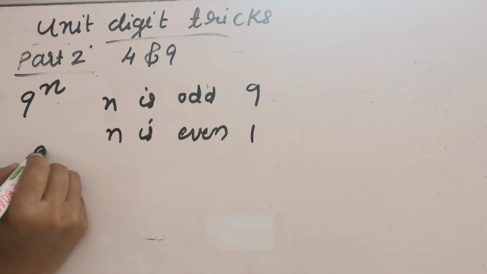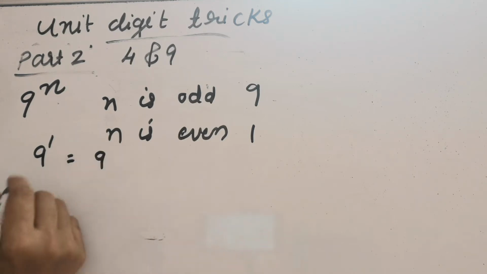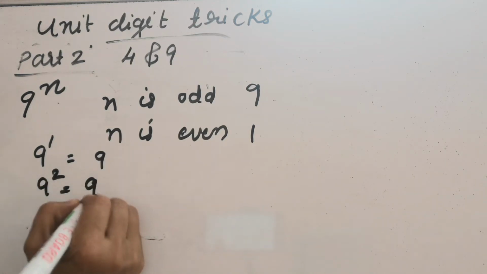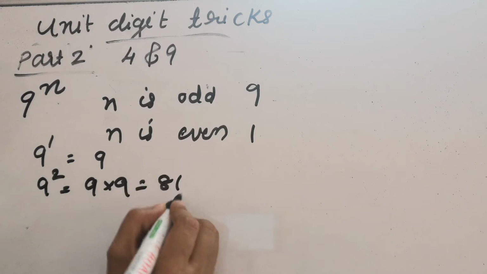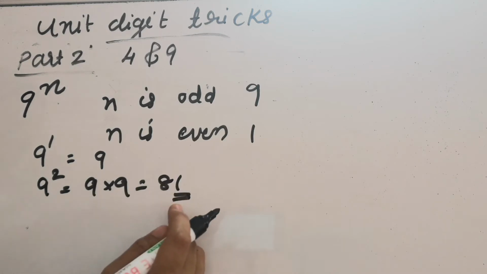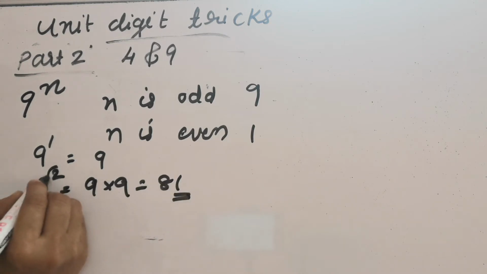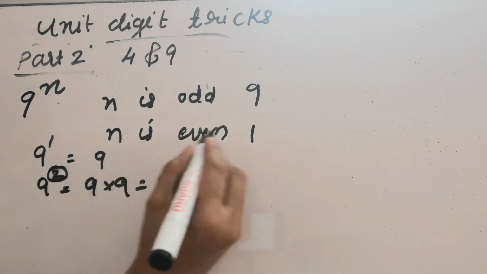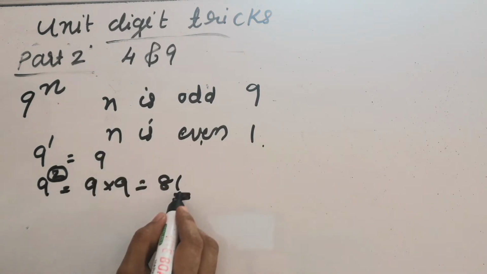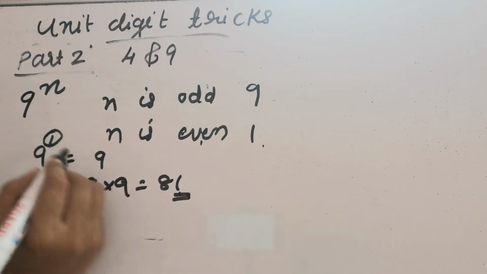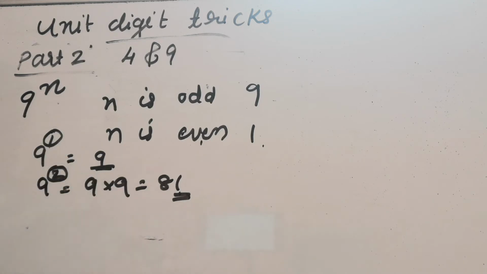Because 9 raised to 1 is equal to 9. 9 raised to 2 is equal to 9 into 9, that is 81. So the last digit is 1, and 2 is an even number. So if n is an even number, the unit place number is 1. If n is an odd number, the unit place number is 9.